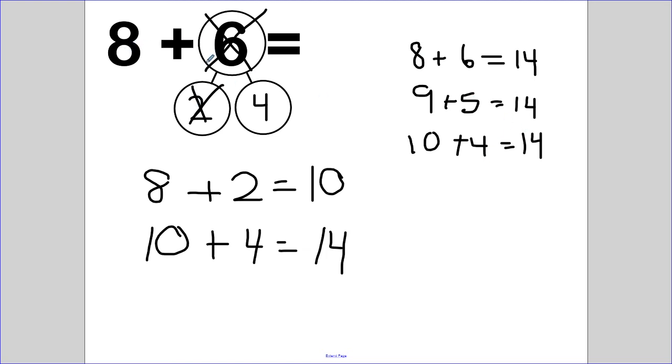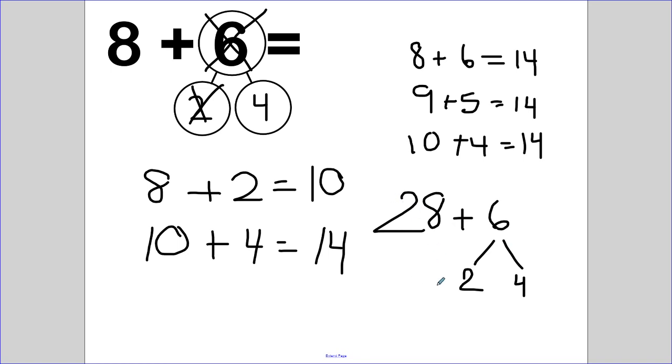So even though it seems silly to go through all these steps when we're just adding up a simple problem, when we get to another problem, like let's say 28 plus 6, it might be a lot easier to say, okay, well, I know 28 needs a 2 to get to the next 10 and a 4.